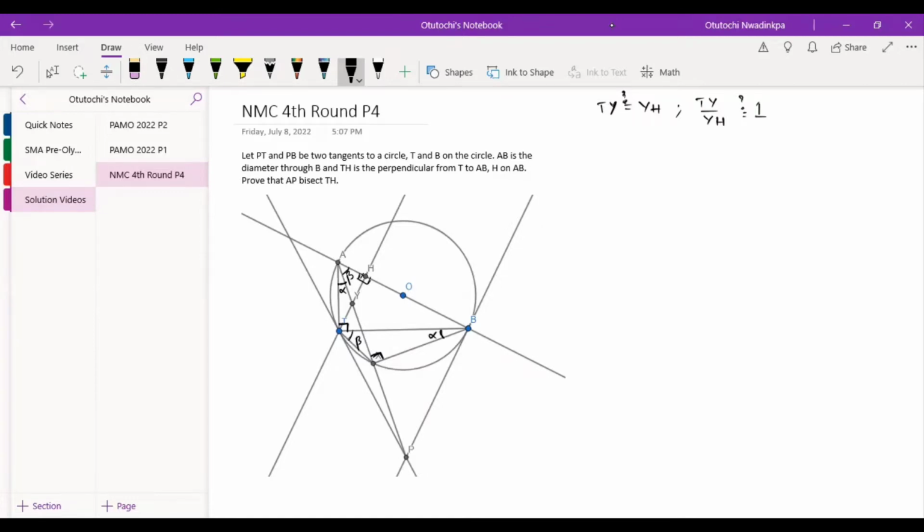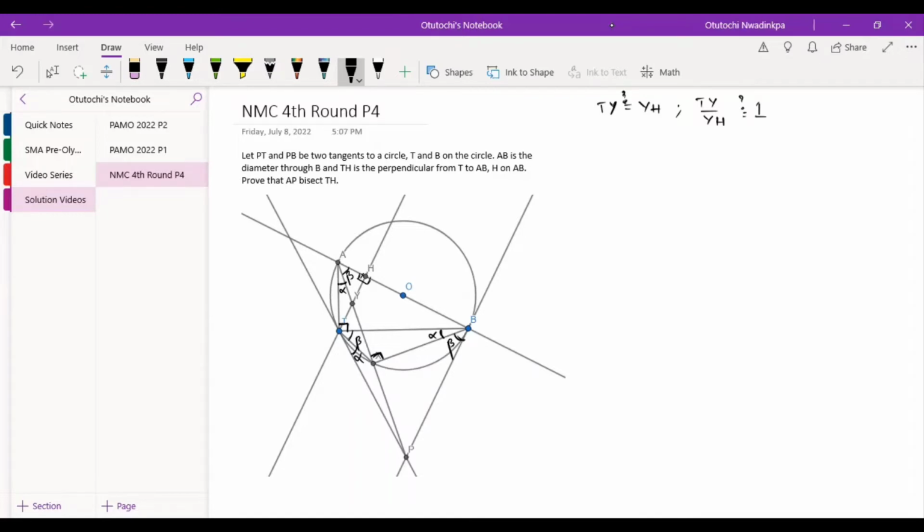Also, since this is a tangent, since PT is tangent to the second circle of TAX, we are expecting angle PTX to be equal to angle TAX. So here is alpha, and similarly here will be beta as well.